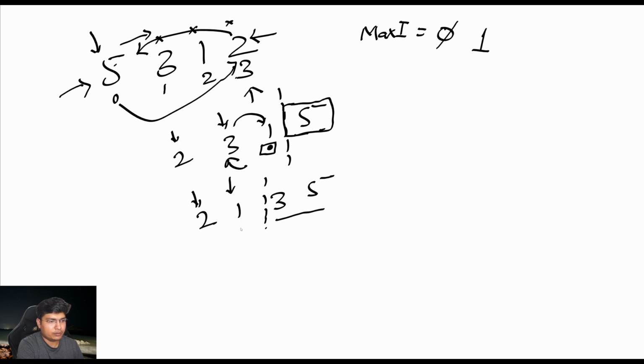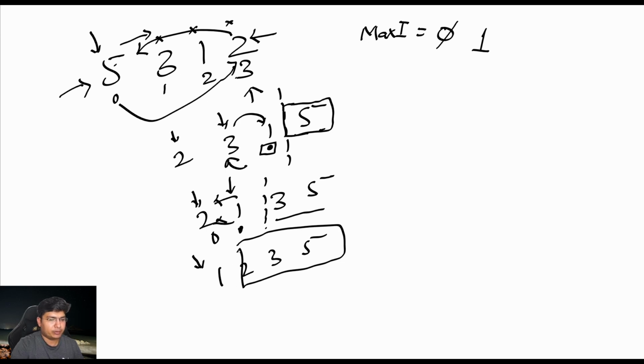No. So max I is still 0 in this iteration, and I swap 1 and 2. At this moment, since there is only one element left, which automatically is at its right position, I don't have to run the next iteration.